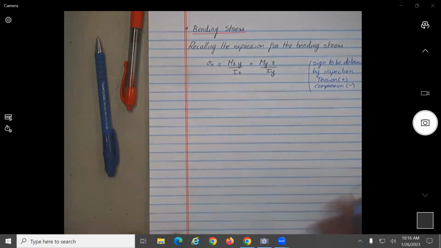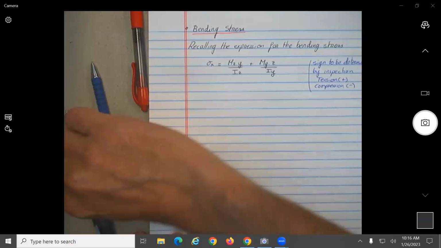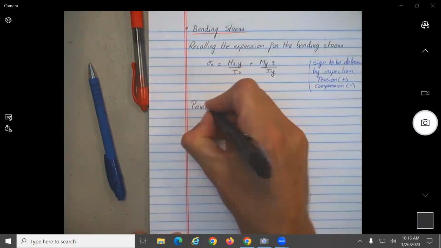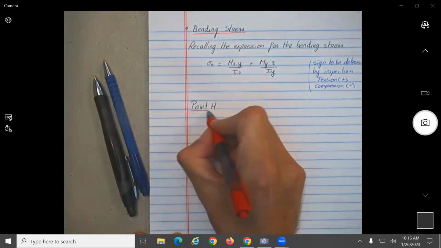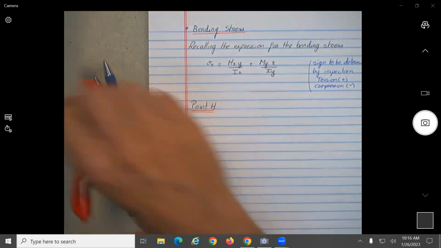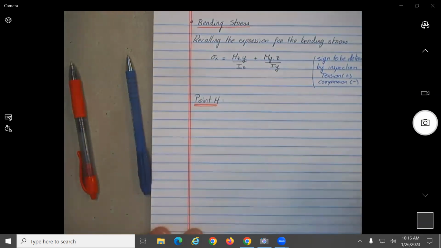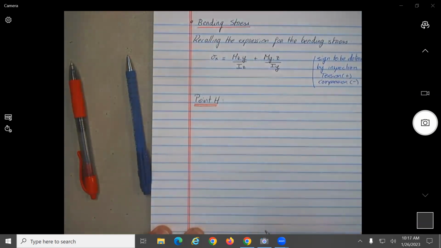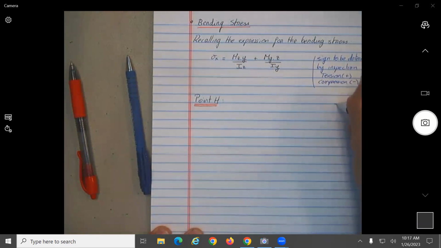Okay, so let's first look then at, let's say, point H. This is the difficult part, okay? This is understanding. So point H, let me just do a very quick little sketch here.